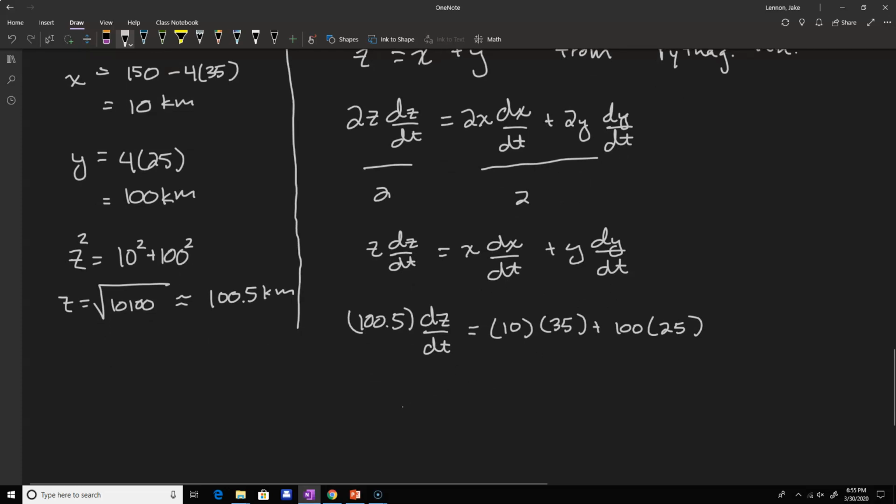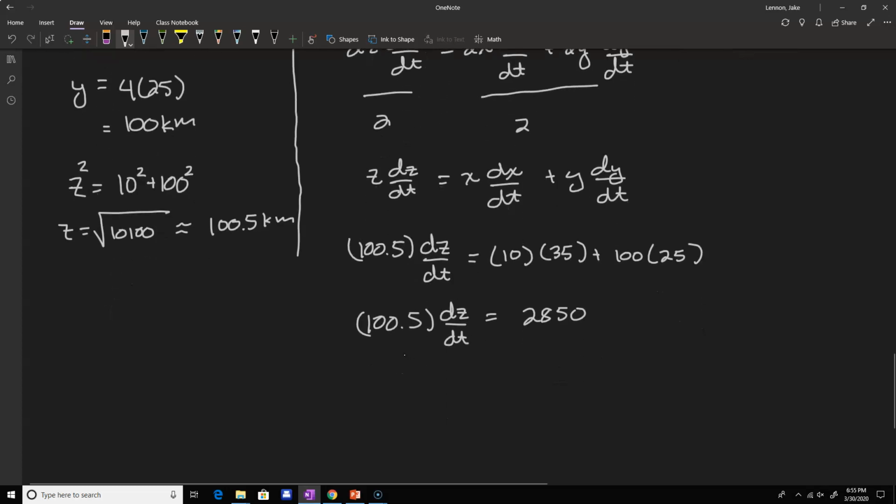So we end up with 100.5 times dz dt equals 2,850. And then we just divide both sides by 100.5.